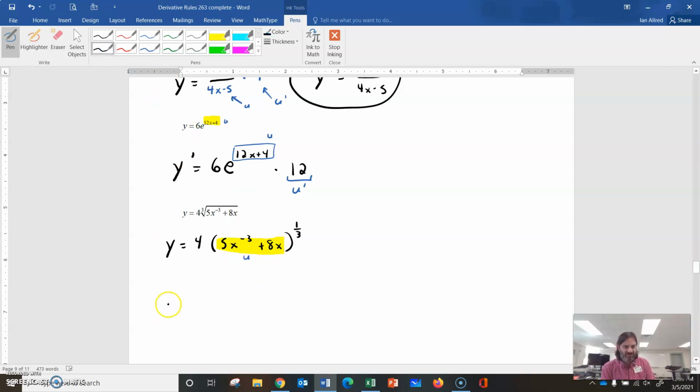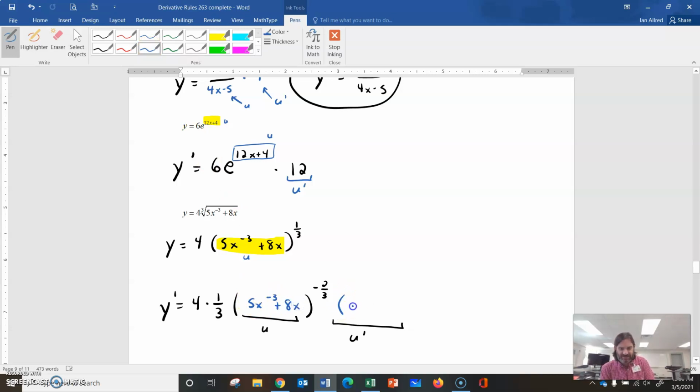When you go to your derivative, y prime equals the 4 coefficient stays there, the 1/3 comes out front, then the power is reduced to negative 2/3, and then inside you will have your original u, and on the outside you will have u prime. So that is 5x to the negative 3 plus 8x inside. On the outside it'll be negative 15x to the negative 4 plus 8.